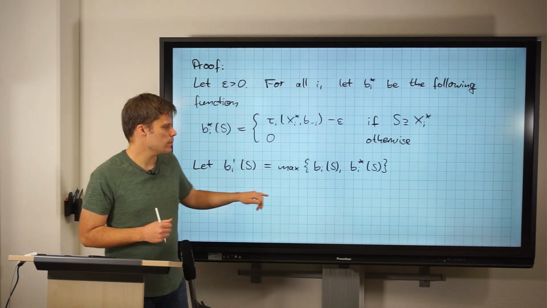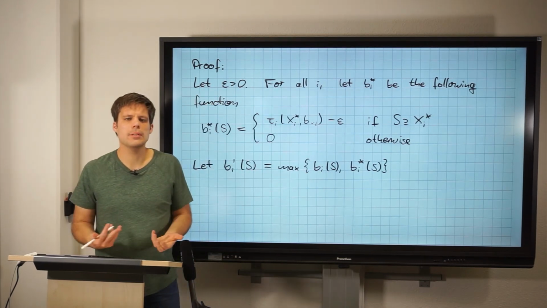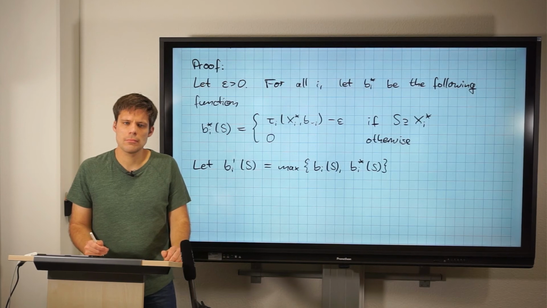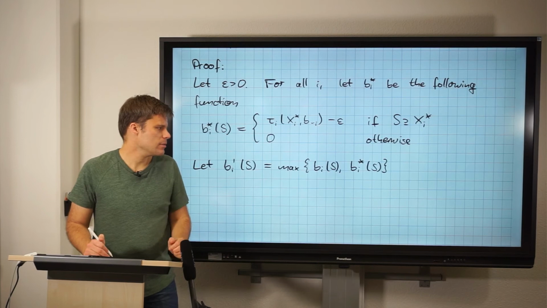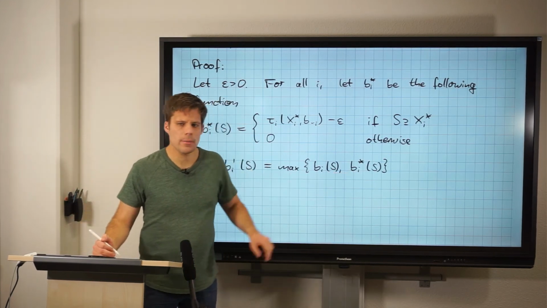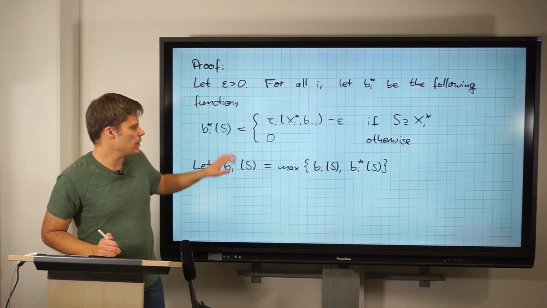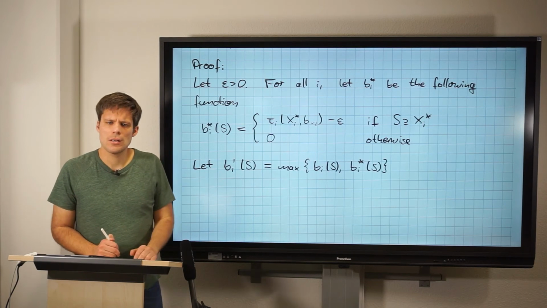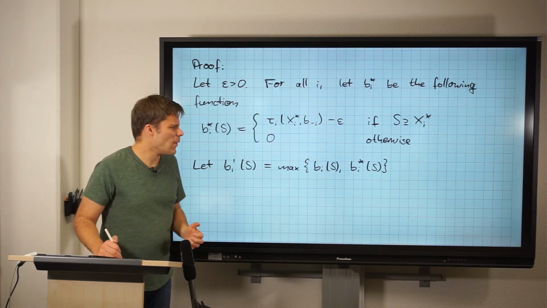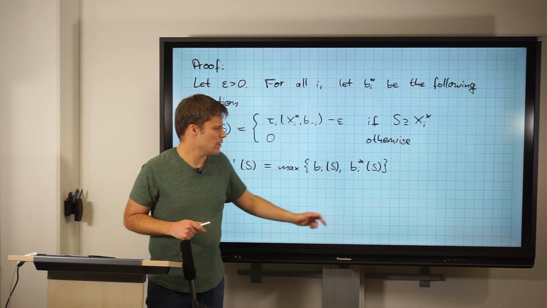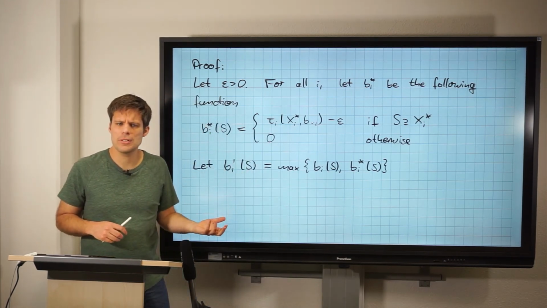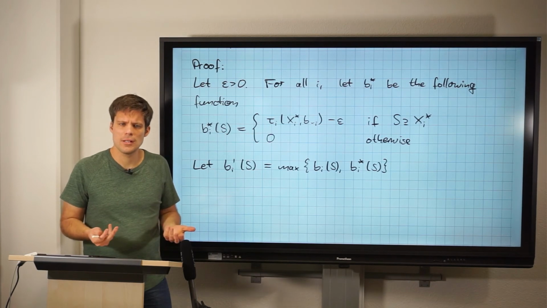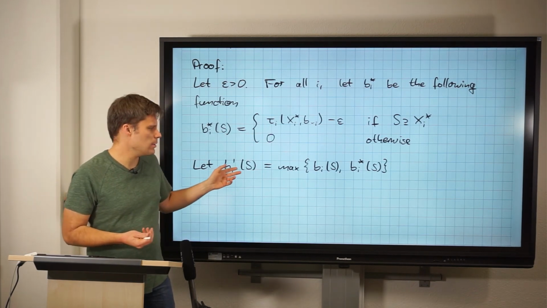Here now you're actually bidding b_i of S, just as before, and then sometimes you also maybe bid more, but this is never enough. Bidding b_i star, as I was arguing before, never got you anything. So that's still true here.